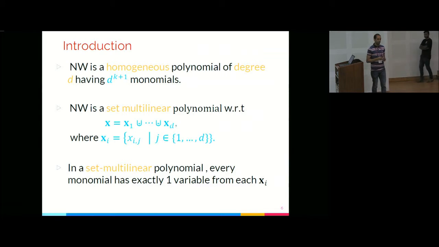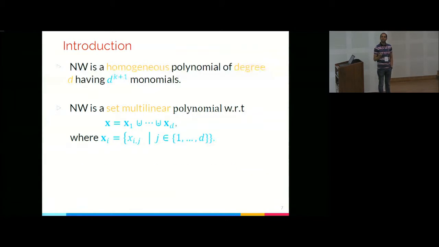A set-multilinear polynomial is a polynomial where any monomial you pick has exactly one variable from each of these subsets Xi. Clearly, our design polynomial is set-multilinear in this partition. In this talk, whenever I talk about set-multilinear polynomials, the partition will be fixed to this.